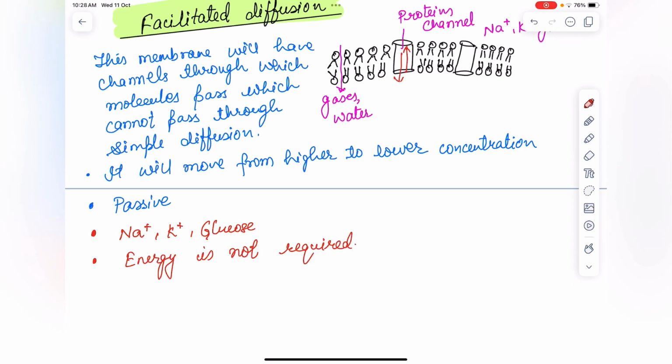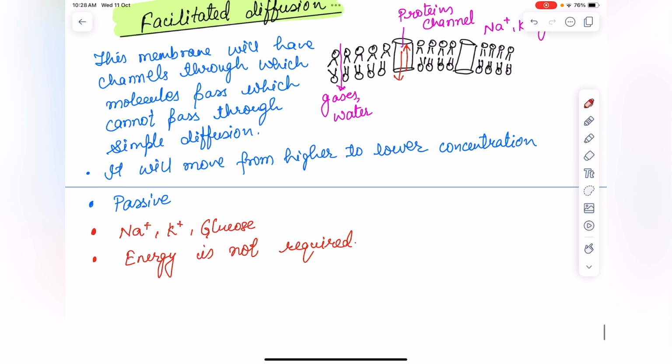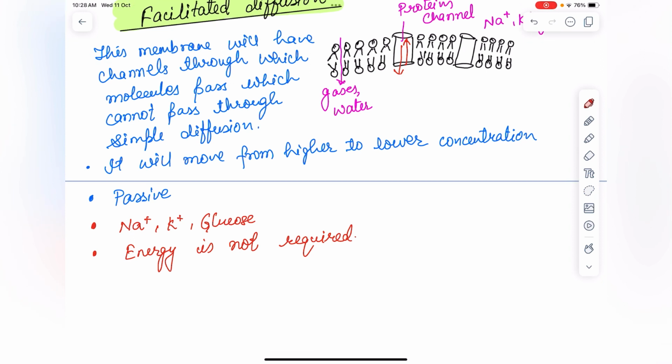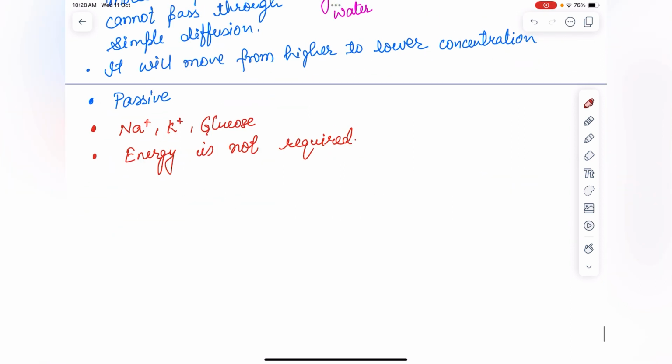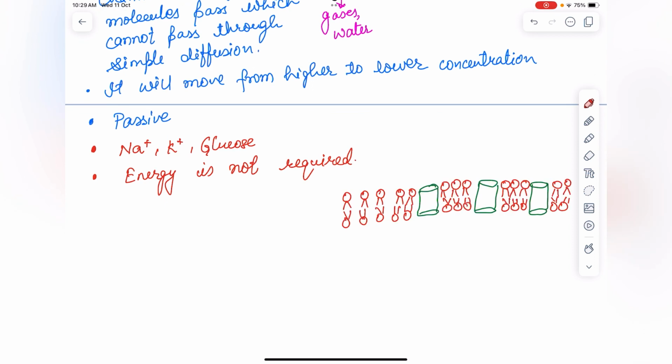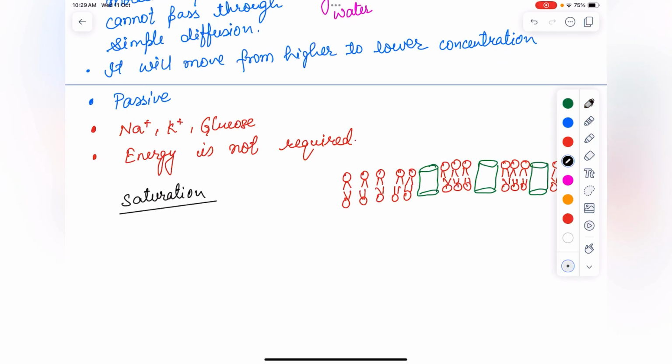See, now we'll see the transport rate reaches a maximum when all the protein transporters are being used, saturation. What is saturation? Saturation means when sodium molecules are higher outside, they will start moving inside into the cell.